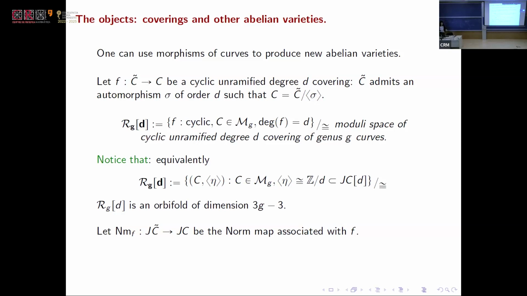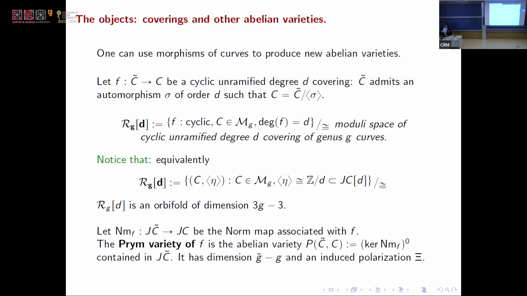And this is precisely the definition of the Prym variety attached to the covering. So the Prym is the kernel of this norm, and it is an abelian variety of dimension g tilde minus g, since this has dimension g tilde and this has dimension g. Since we have a polarization, we take the restriction to the subvariety and we have the induced polarization.